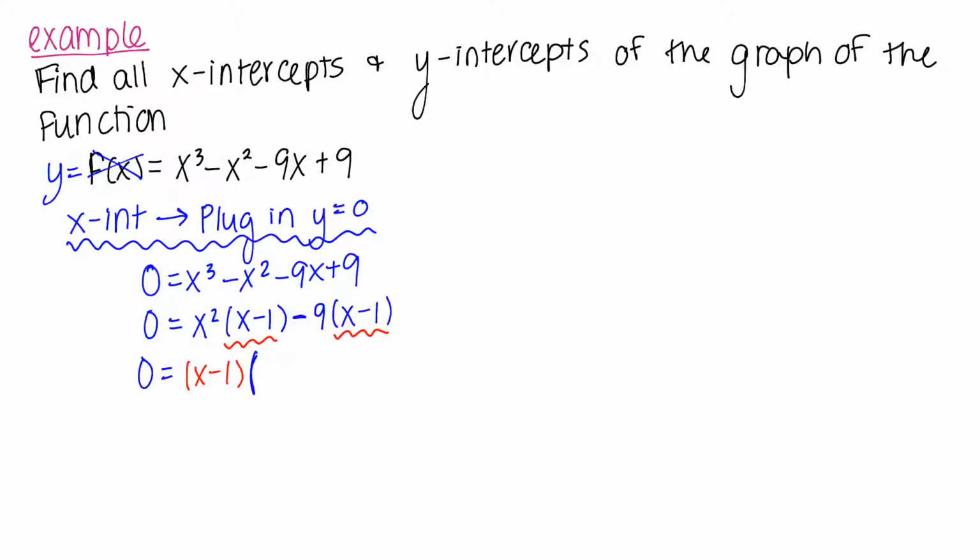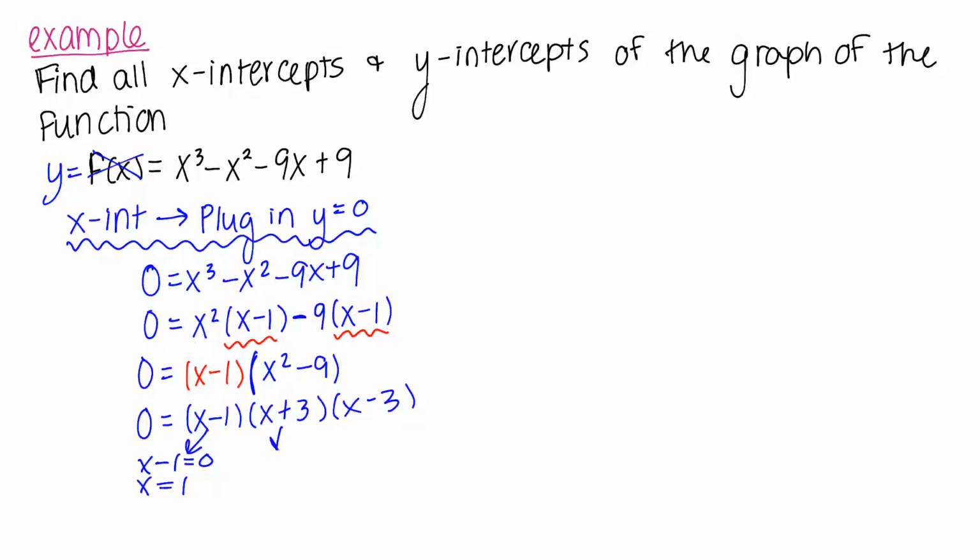And what's left is the x squared and the minus 9. X squared minus 9 is a difference of squares, and it factors into x plus 3 times x minus 3. Now remember, you would set each of these equal to 0, and that's how you'd find the x-intercepts.